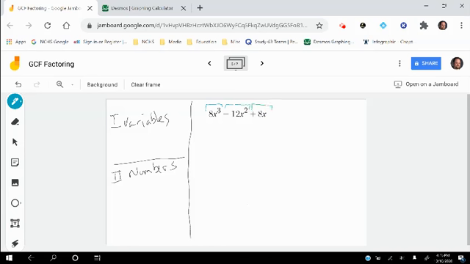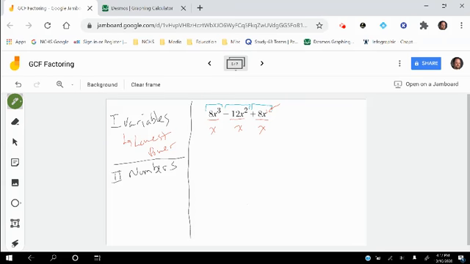So I first look at, and I'm going to put some division signs here. Do they all have a variable? Yes, so I'm looking at the lowest power, which happens to be right here with a 1. So I'm going to put an x, and an x.